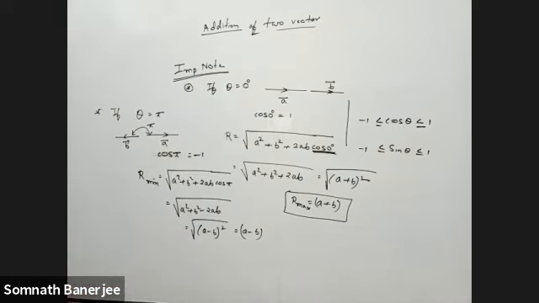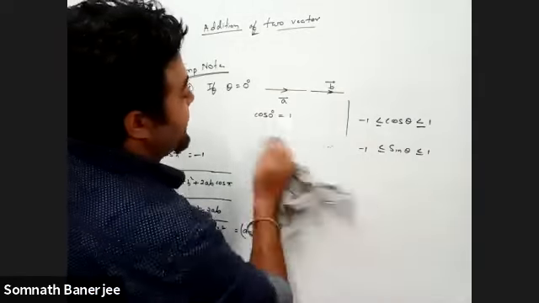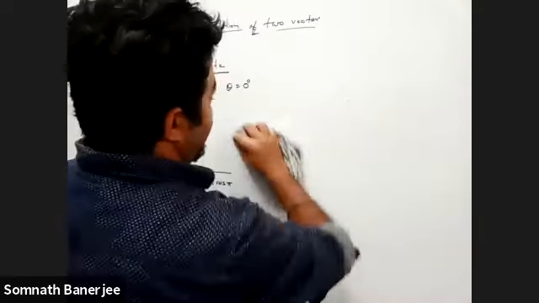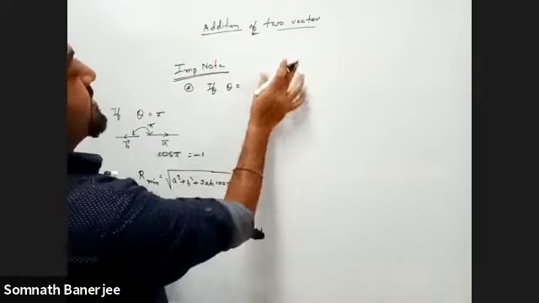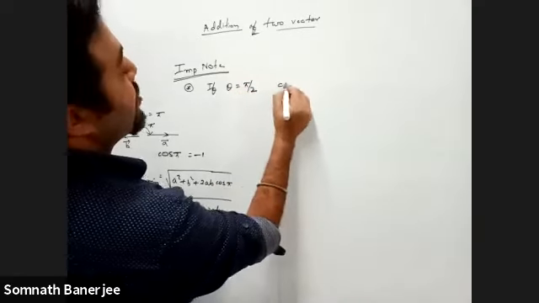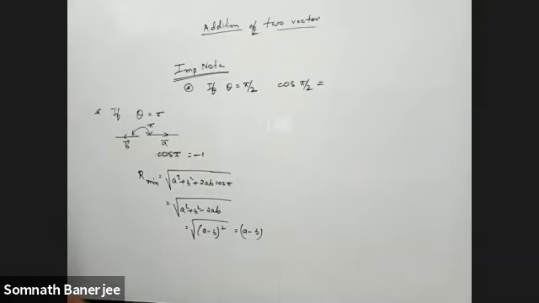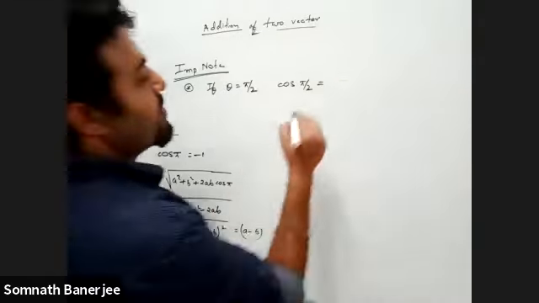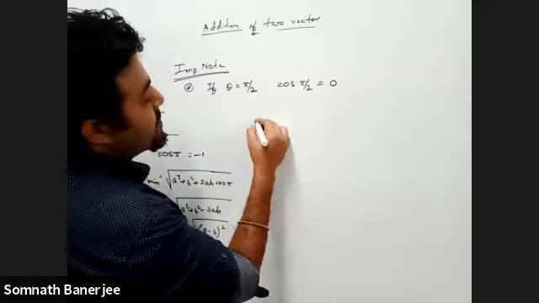Okay, and one more thing, if the angle is 90 degree, then what happened? If the angle is 90 degree, then cos 90 is how much? 0. Very good. Cos 90 is 0. So R is what?